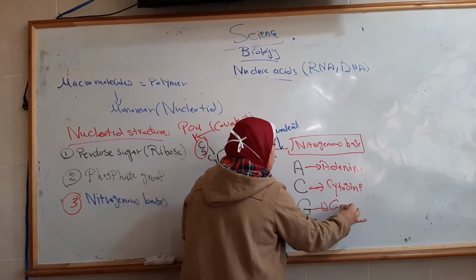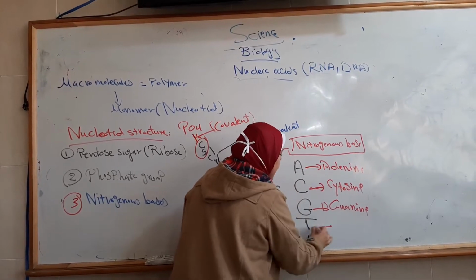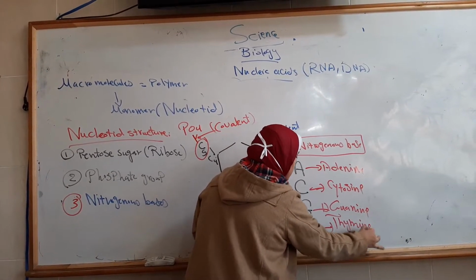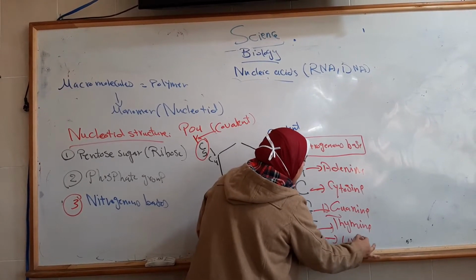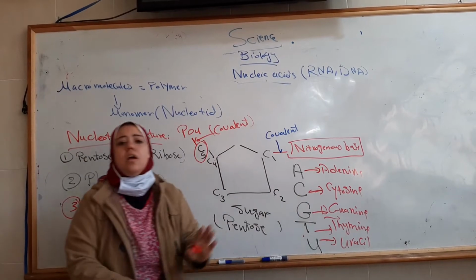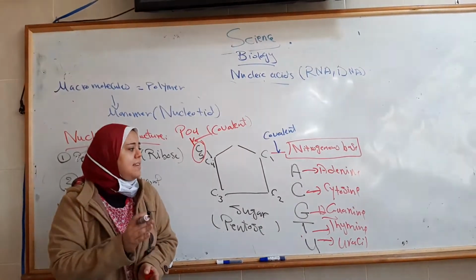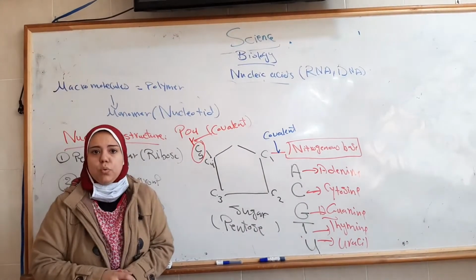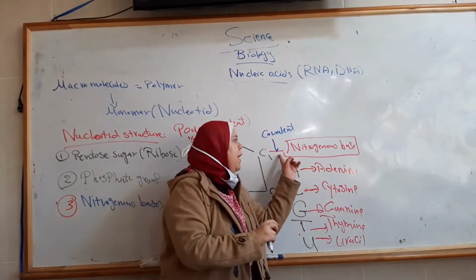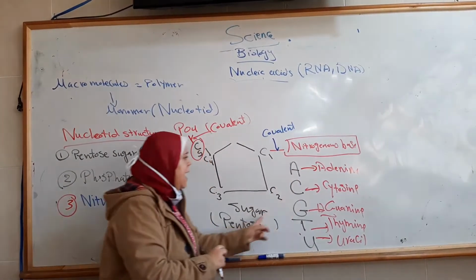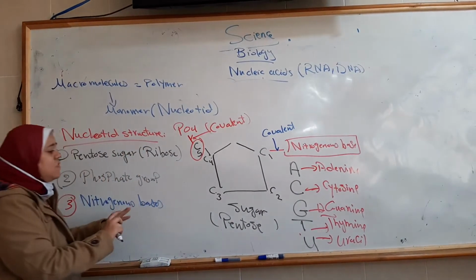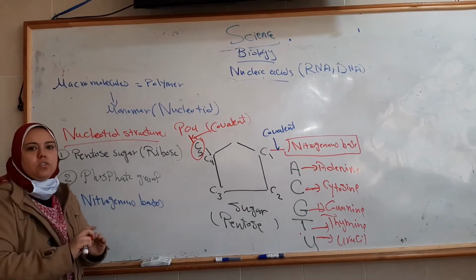G, guanine. T, thymine. U, uracil. So we have here 5 nitrogenous bases: A, C, G, T, and U. Do all of them bind? No. One of them binds with carbon number 1 and forms one nucleotide. This is the structure of any nucleotide.